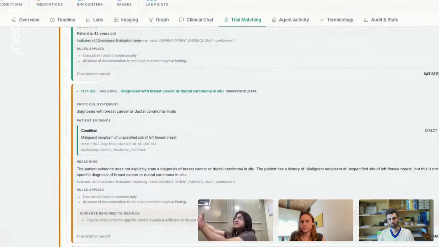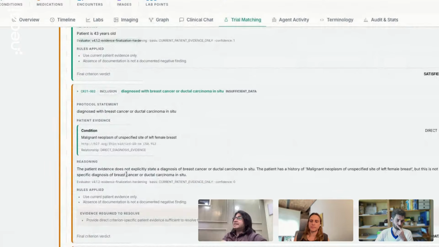If that particular thing is not mentioned in the clinical record or in the imaging data, this will not make sense, because the patient evidence does not explicitly state the diagnosis of breast cancer or carcinoma. The patient has a history of malignant neoplasm unspecified left minor, but this is not a specific diagnosis of breast cancer per se.